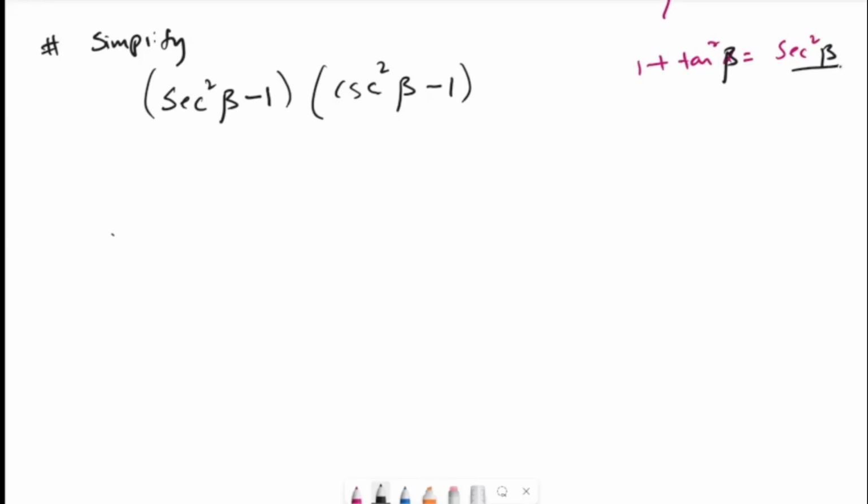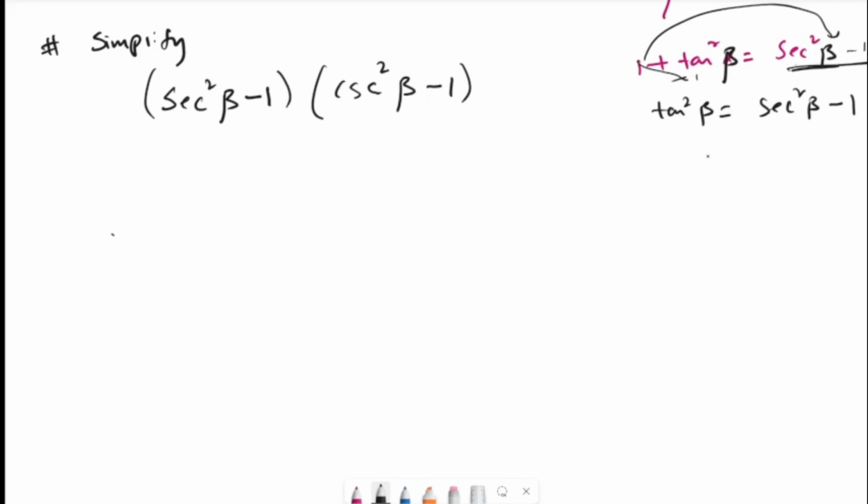I can move this 1 here. So tan square beta equal to secant square beta minus 1. What do you mean by moving? It's basically what I did is I'm subtracting 1 from both sides. That's all I'm doing. And these two cancel off and we'll be left with this. Tan square beta is secant square beta minus 1.